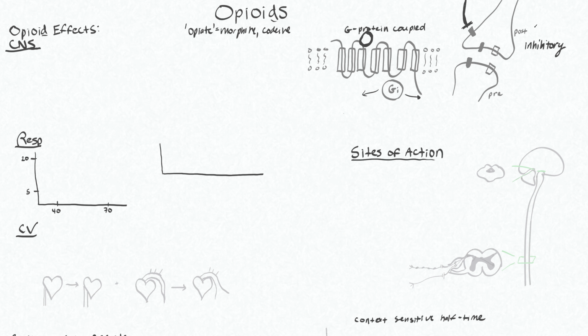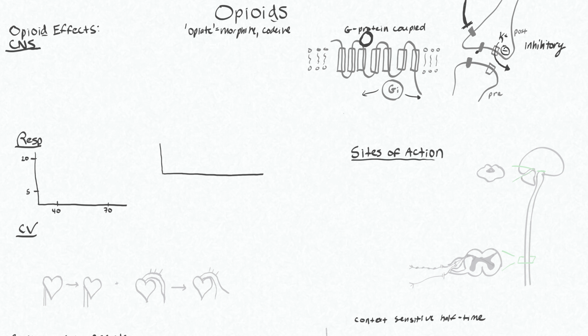So one thing that might happen is in this postsynaptic receptor, an opioid may bind to this receptor, and the G protein coupled cascade will cause this ion channel to allow potassium to leave the cell. And then that will obviously leave the inside of the cell hyperpolarized and less likely to be depolarized by excitatory signals.